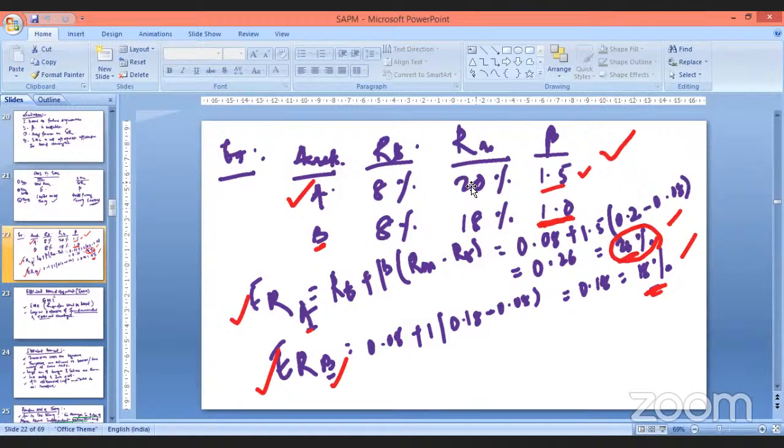Premium is RM minus RF. RM here is 20% and RF is 8%. 20 minus 8 is 14%, so 0.2 minus 0.08, that is 0.14. If we solve this, how much are you getting? You are getting 0.26. That means 26% is the expected rate of return for asset A or security A.